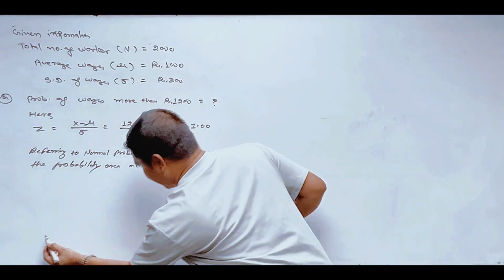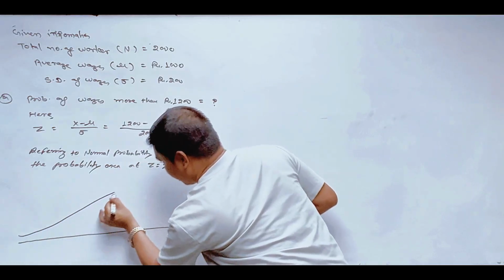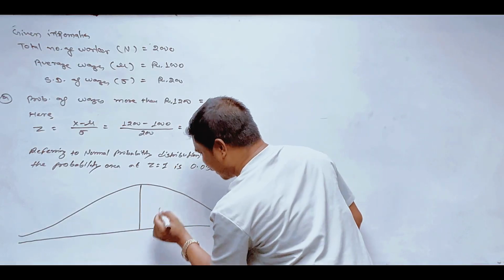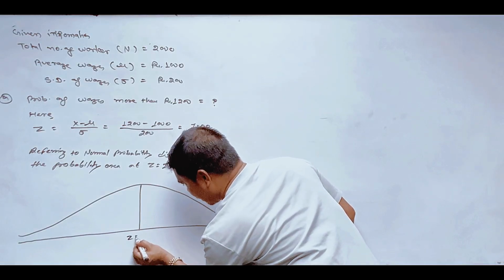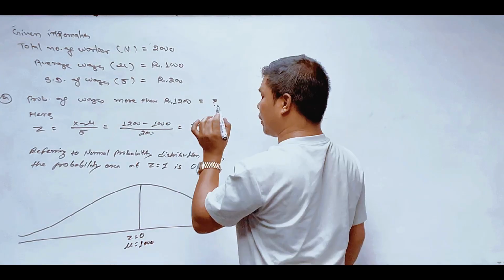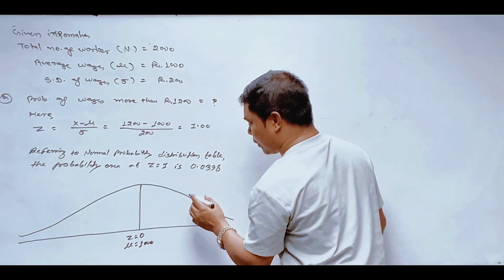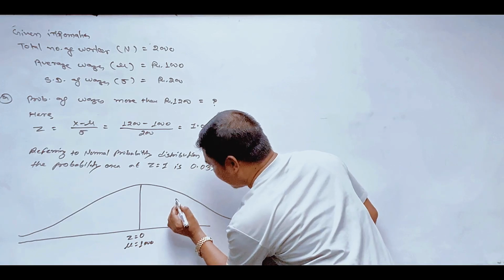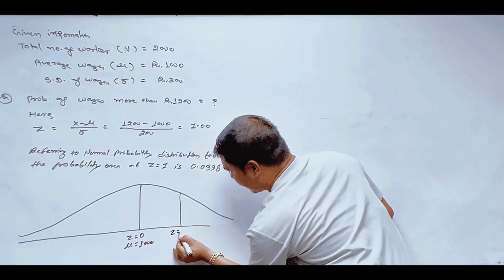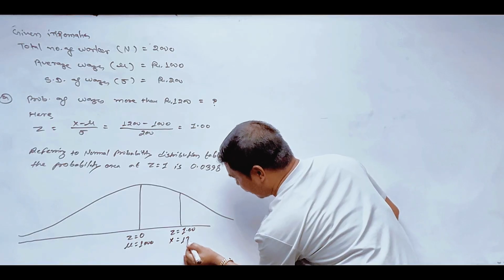Then we draw a figure. The figure is a normal curve. At the central line, we put the value of Z as 0 and mu equals 1,000. The question is concerned with wages more than 1,200, so we locate 1,200 on the normal curve at the right side of the central value, where Z has been calculated as 1 and X is denoted by 1,200.